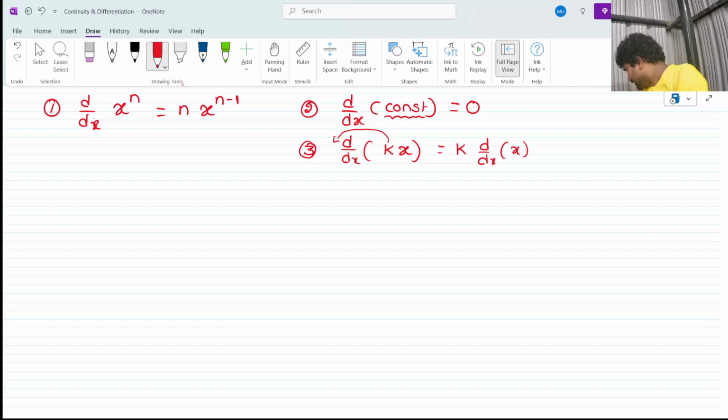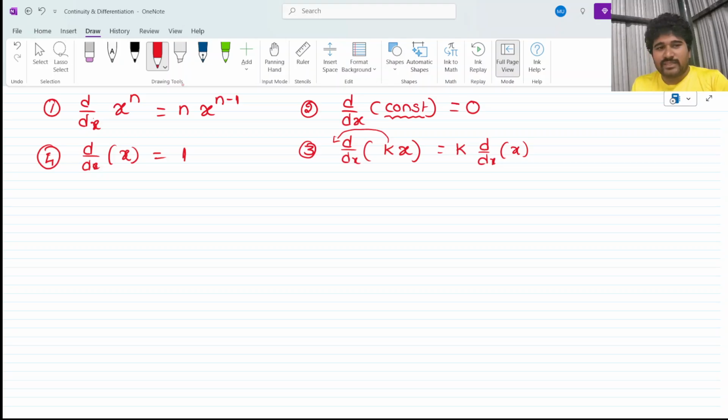Yes. And we have learned the differentiation of x. What is the differentiation of x? The differentiation of x is 1. Yes or no? How to remember this?